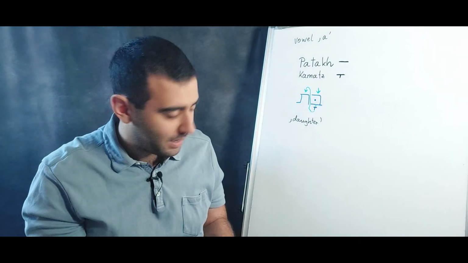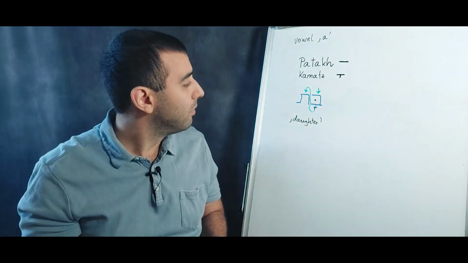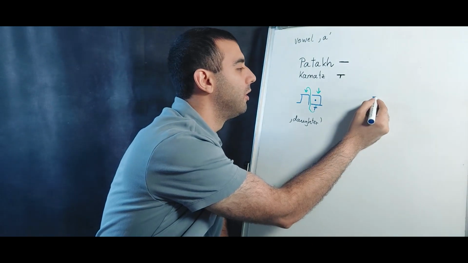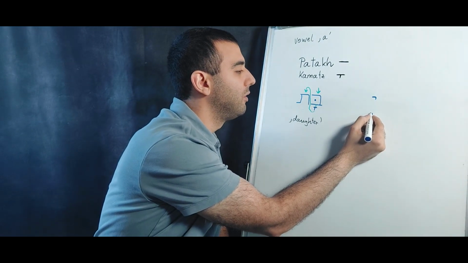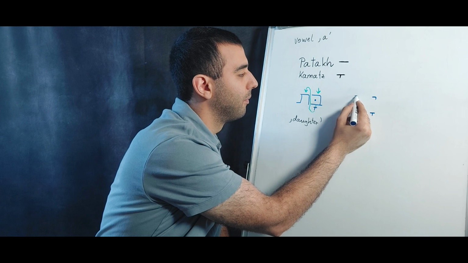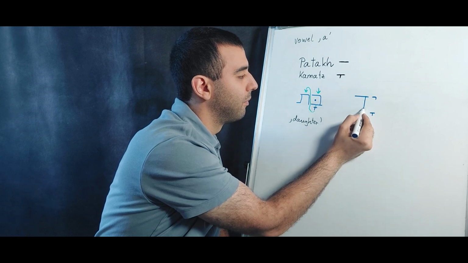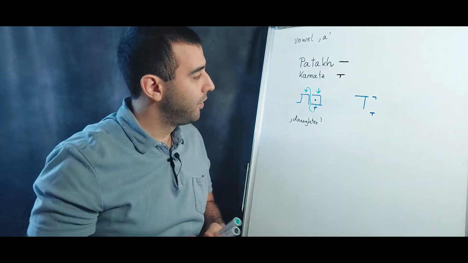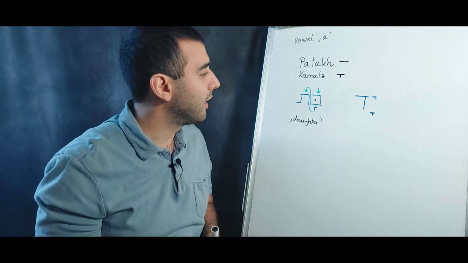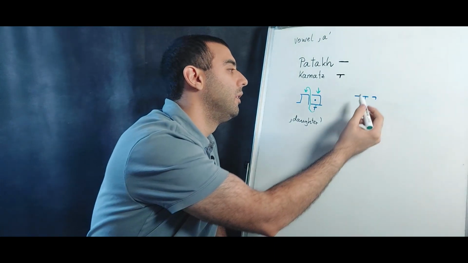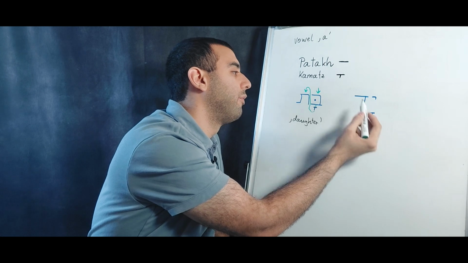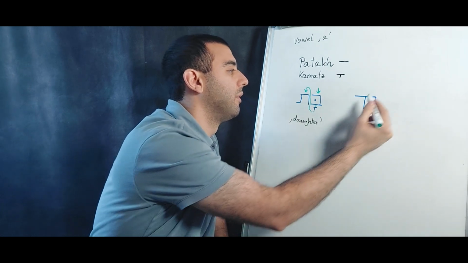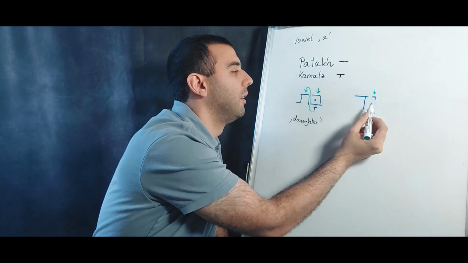So the next example I want to show you is this word. Let's see if you can pronounce it correctly. So what do we have here? We start again the same rules from top to bottom and from right to left. So we start here.